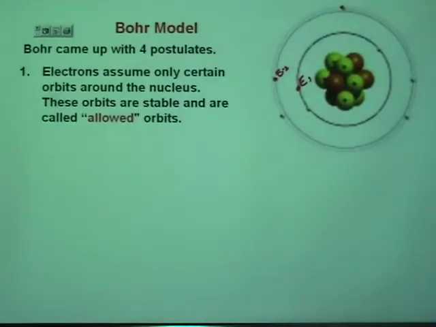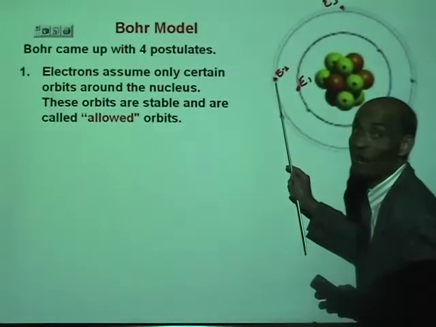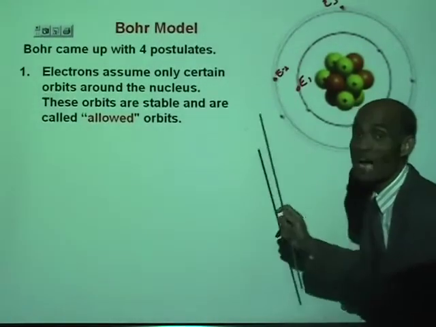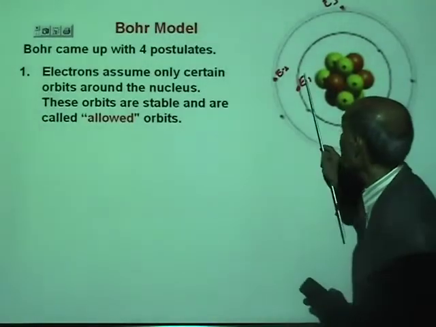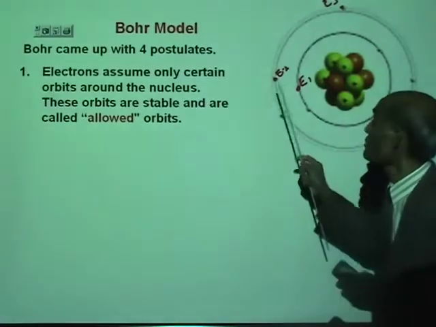Alright? And so on. That means if an electron has to stay in an allowed orbit outside here, its energy has to be greater. An electron in an outer orbit has to have a greater energy.